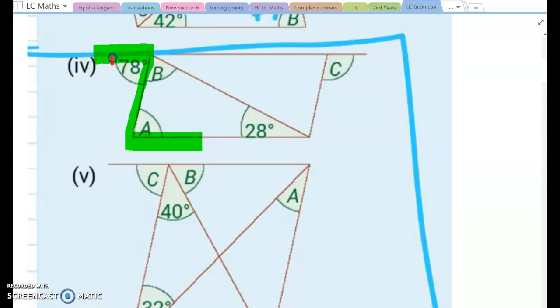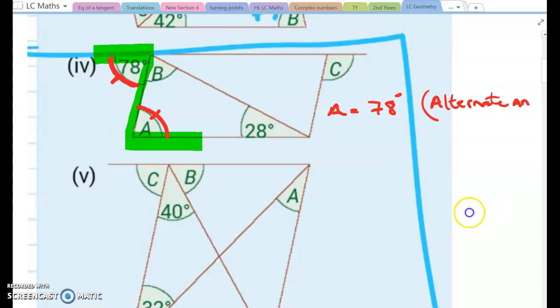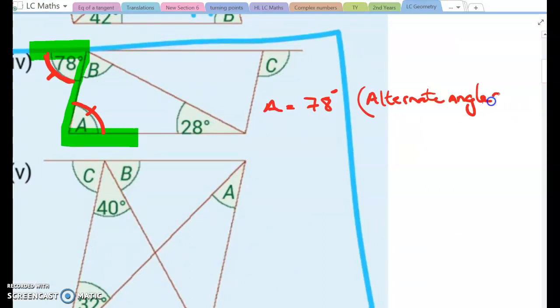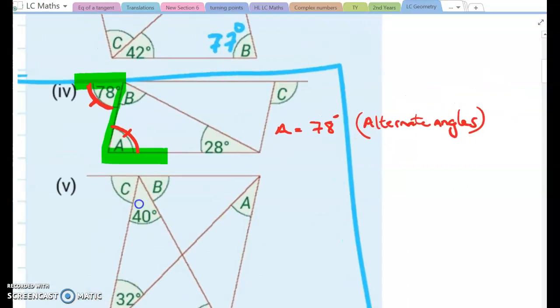So if that's 78, well then that's 78 as well. So you'd say A is equal to 78 degrees. You give a little explanation as to where you got that from. You'd say alternate angles. Okay, it's important to explain where you're getting your information from.